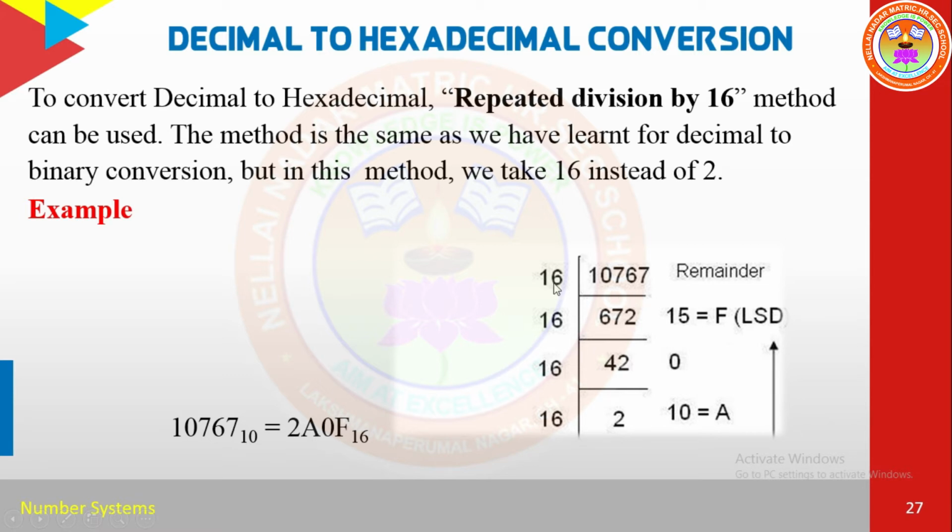On the left hand side write 16, and on the right hand side write the input number 10767. Now we are going to divide. First we take the first number 1, which is not divisible by 16, so we take the next number, 10.